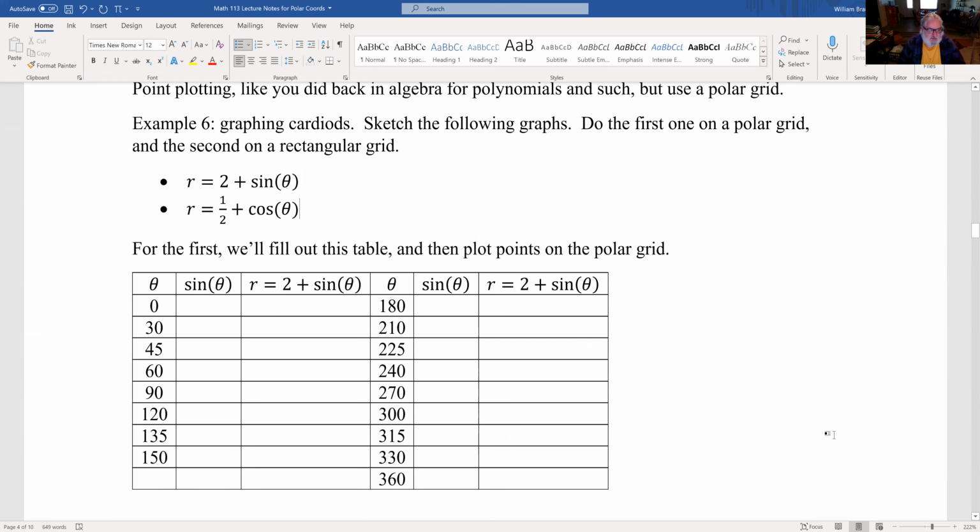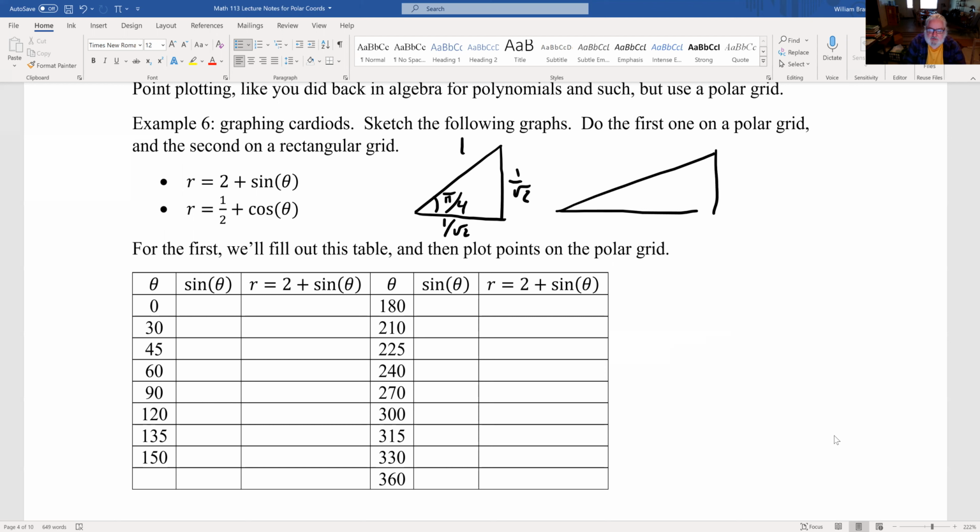And part of this is just knowing what the basic sine and cosines are. Remember that our two basic triangles, which I think we introduced back at the very beginning of the class, the 30, 60, 90 triangle and the 45, 45, 90 triangle.